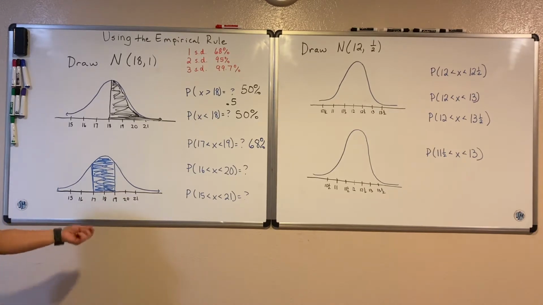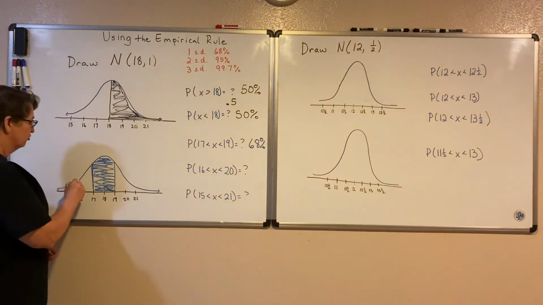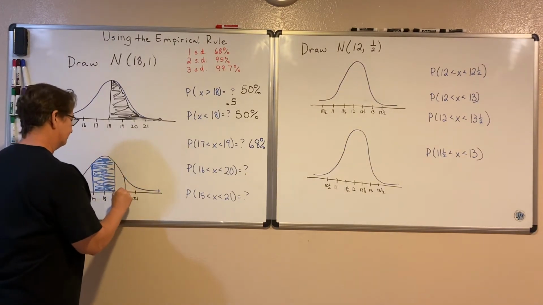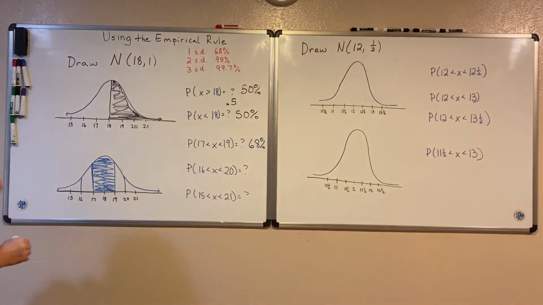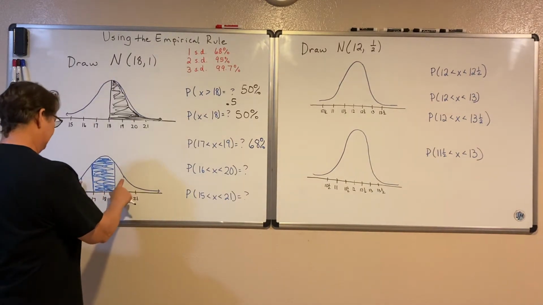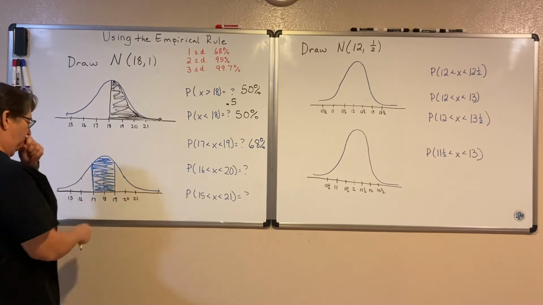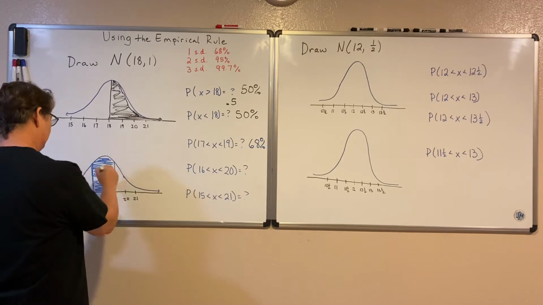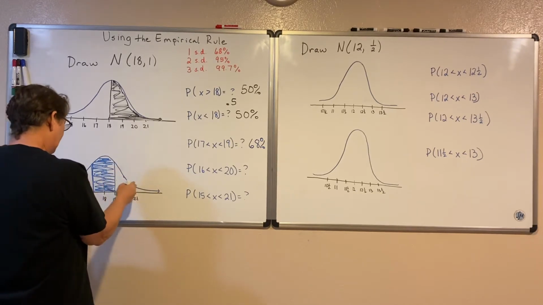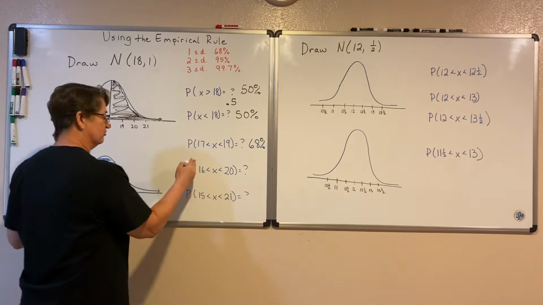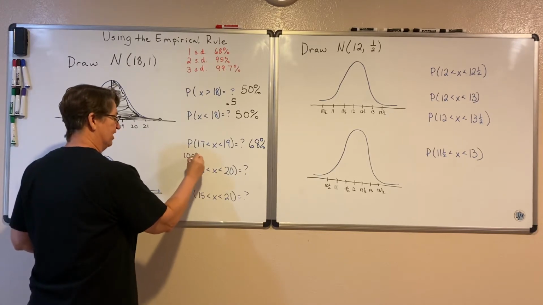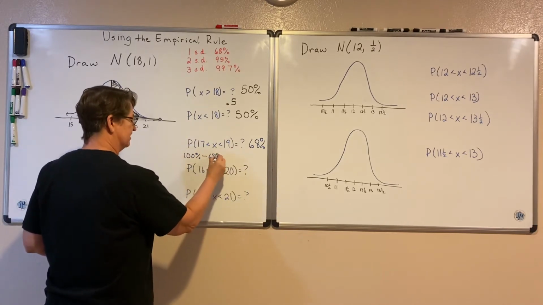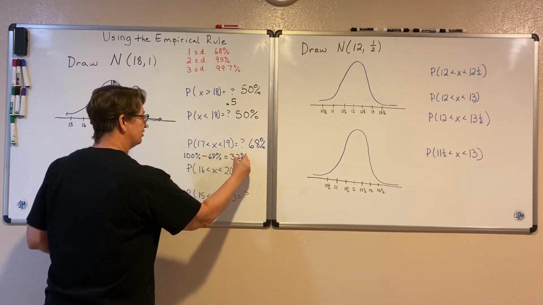What's the probability that I get between 16 and 20? By the way, if 68% is here, how much does that mean has to be out there? If 68% is within 1 standard deviation, then from the outside, I would say 100%, or 1, minus 0.68, or minus the 68%, gives me 32%.